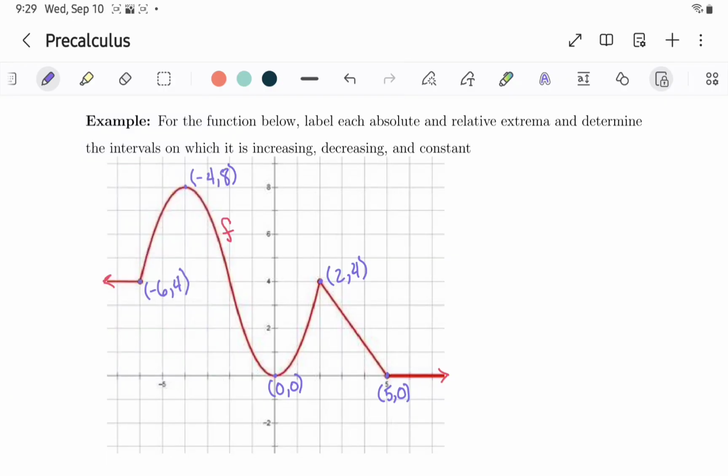So it is the highest point on the graph of f, and so it is going to be the absolute max. As we can see, 8 is going to be greater than or equal to f of x for all x in the domain of f. So it's an absolute max.